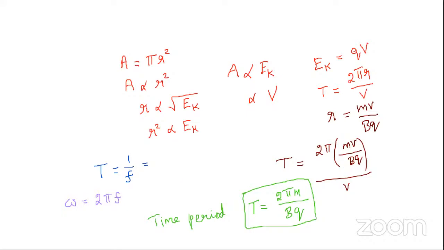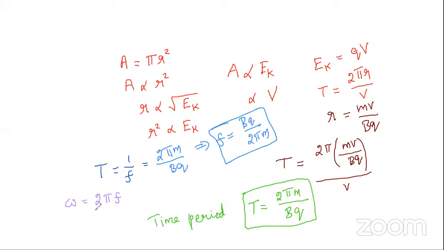So 1 by f equal to 2 pi m by BQ, that implies f equal to BQ by 2 pi m. So f equal to BQ by 2 pi m.